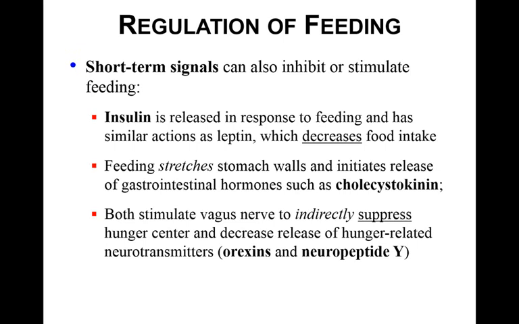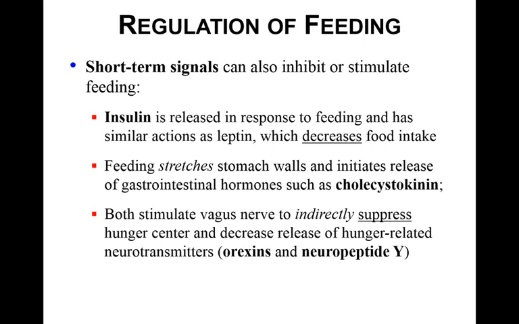Some short-term signals can inhibit or stimulate feeding. Insulin, in response to feeding, kind of acts like leptin. It decreases your food intake. When food stretches your stomach wall, that's going to initiate a gastrointestinal hormone called cholecystokinin, and both of these stimulate your vagus nerve to indirectly suppress the hunger center.